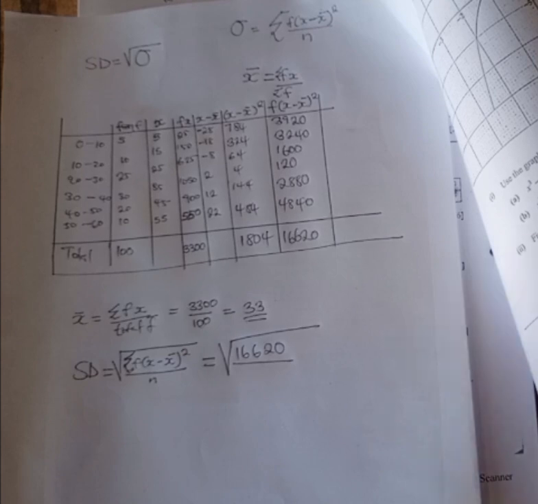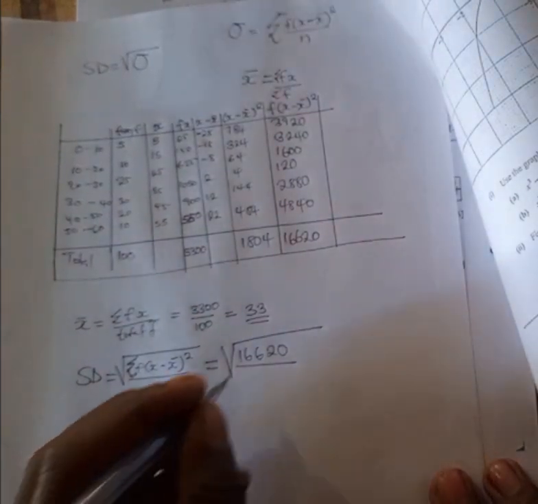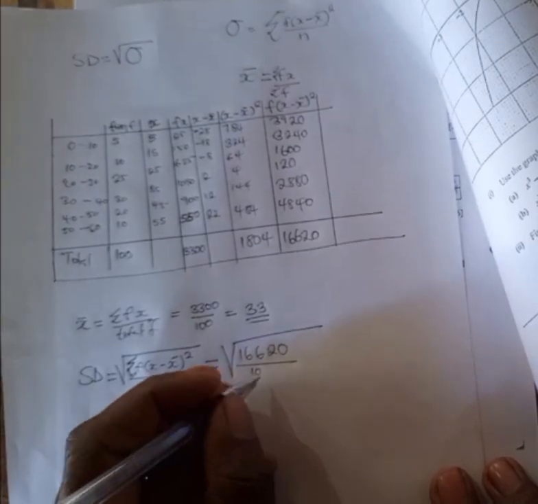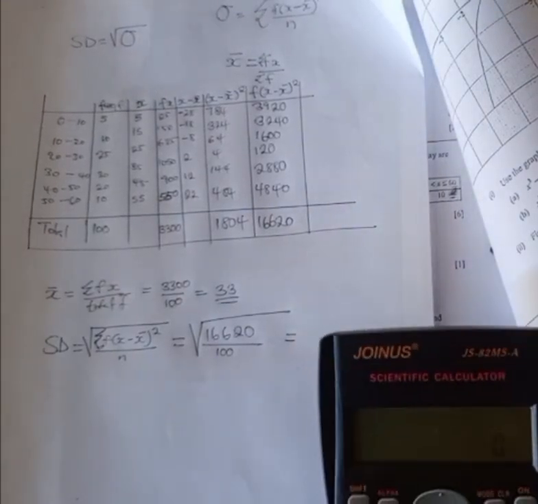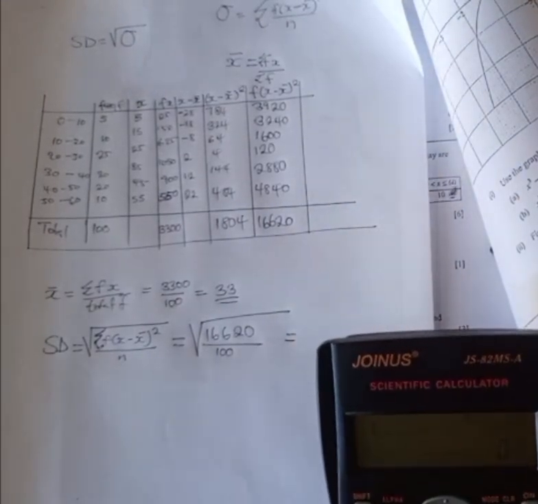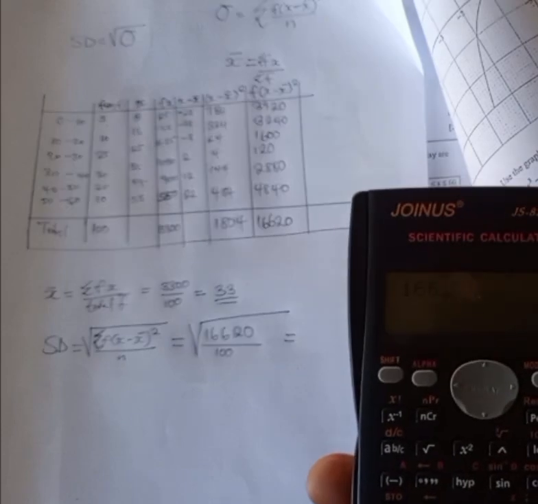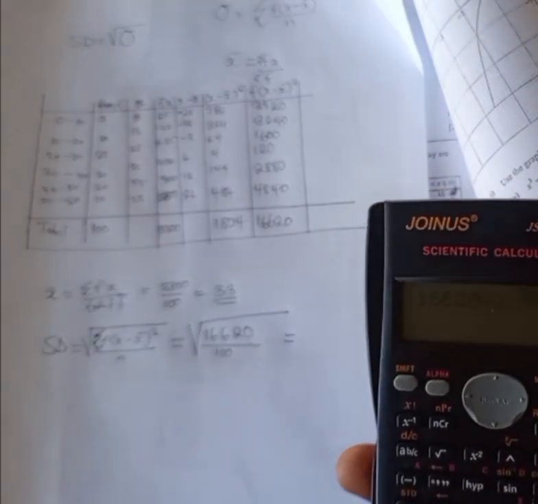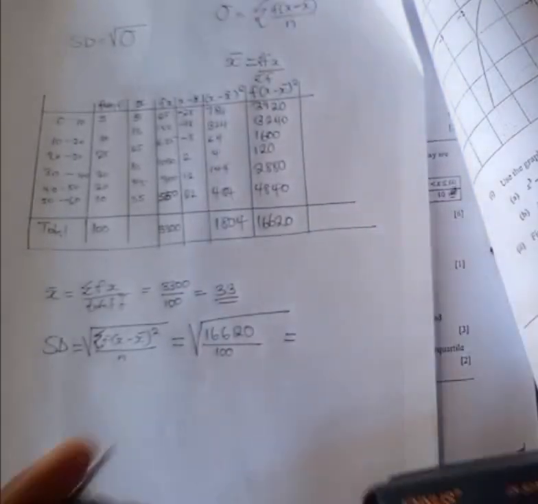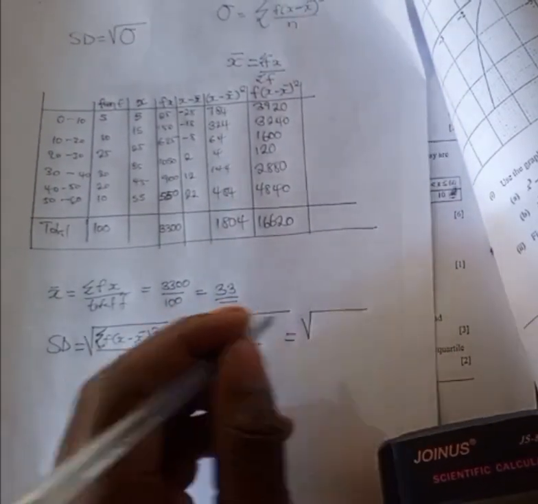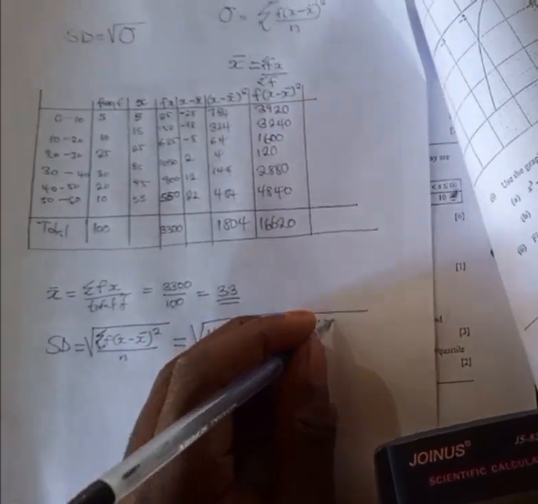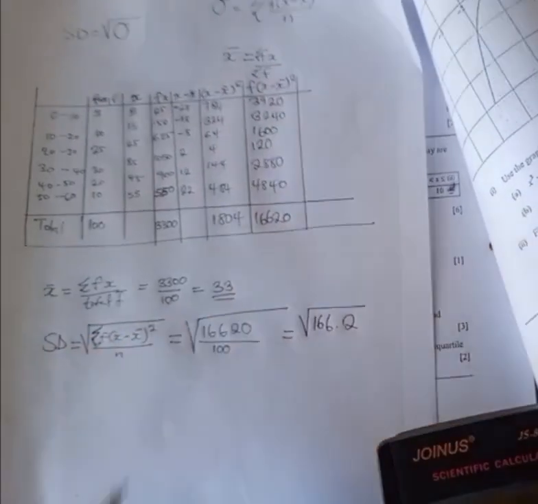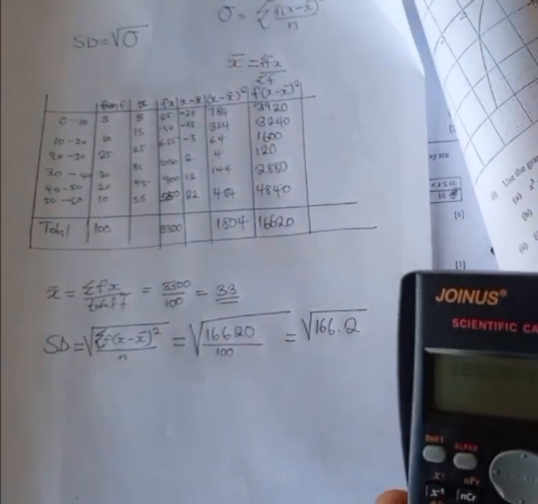In this case, our total frequency is 100. So what is 6,620 divided by 100? The answer I'm getting here is 166.2.